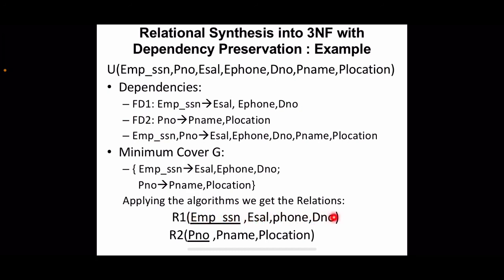Salary, phone number, department number together with the SSN value. And for each project, we are storing the project name and location together with the project number. But the information regarding the same employee doing different projects will be lost when we do this decomposition, right? So there is no guarantee of preserving all that information if we are using this algorithm.